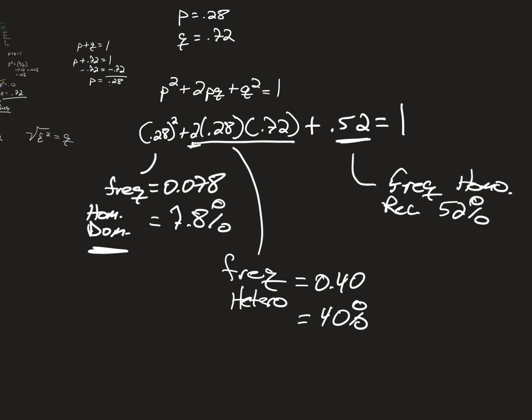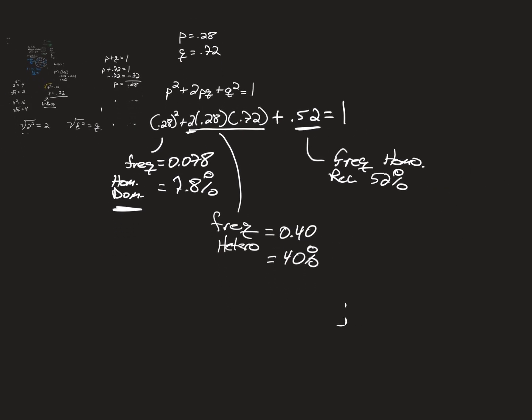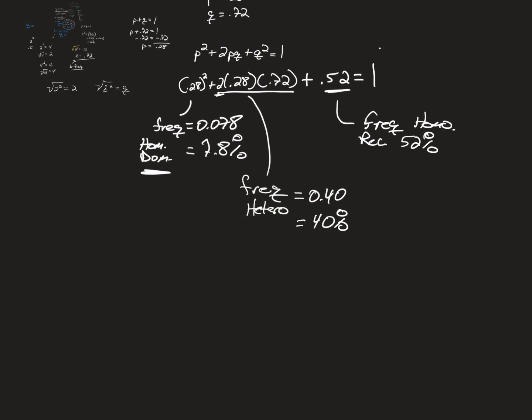So what we expect is that about 40% of these are going to be heterozygous, big B, little b. About 7.8% are going to be big B, big B. And 52% are little b, little b.